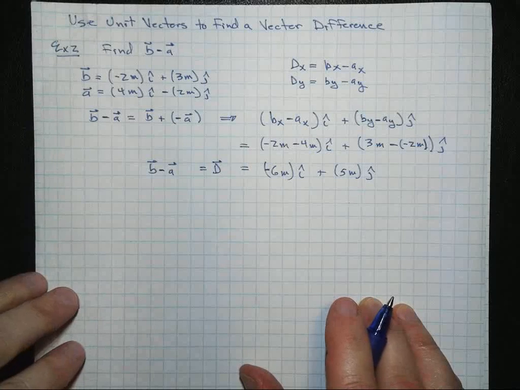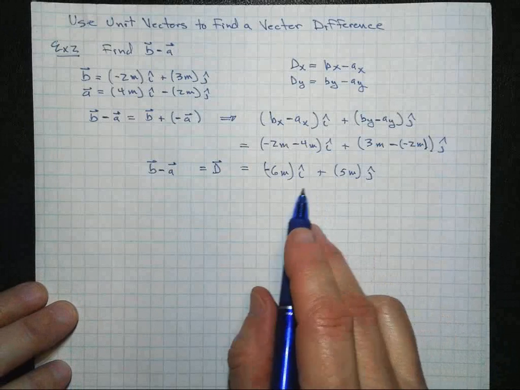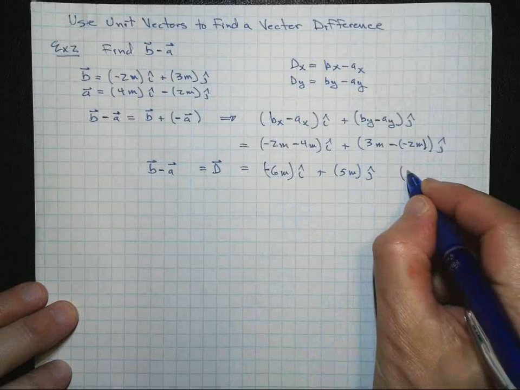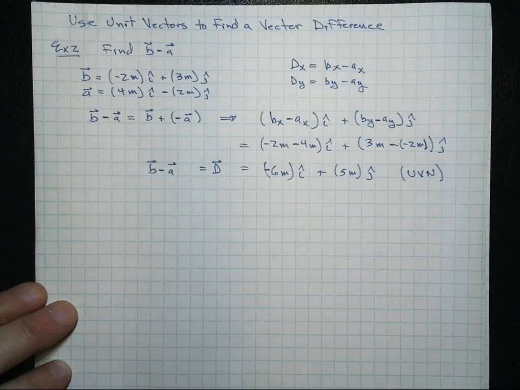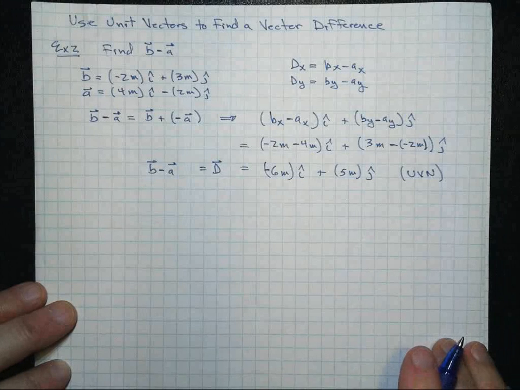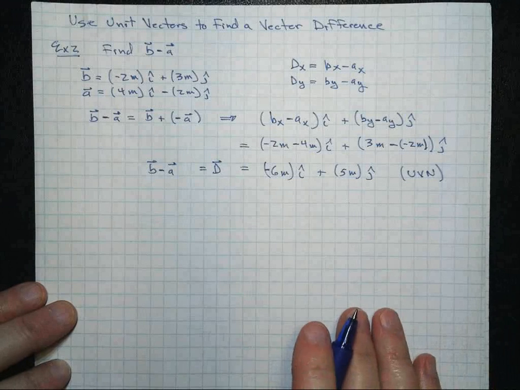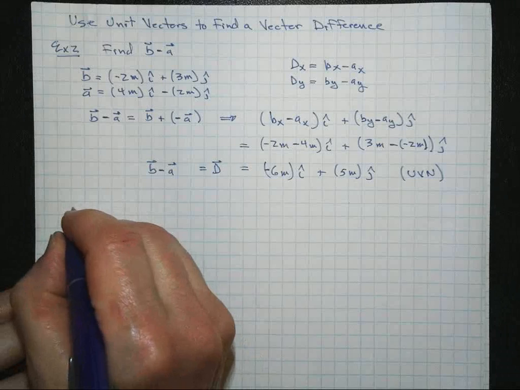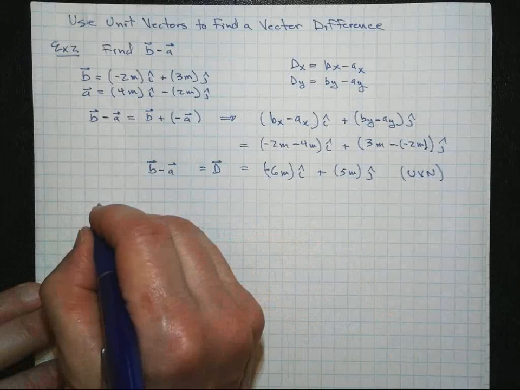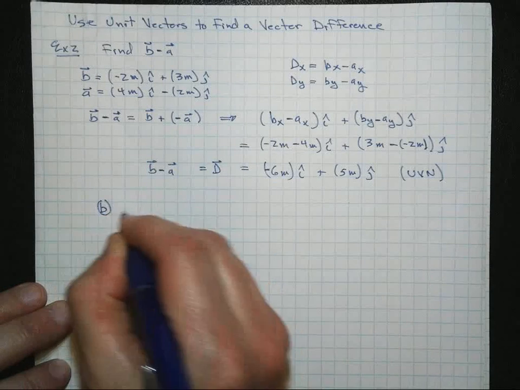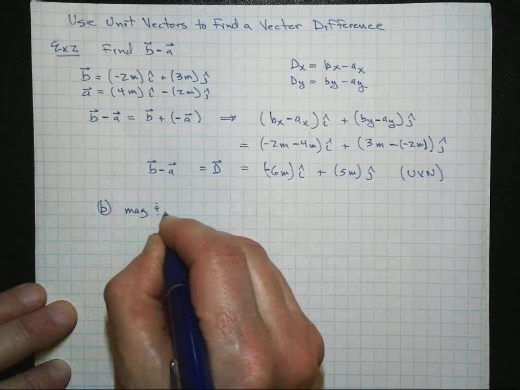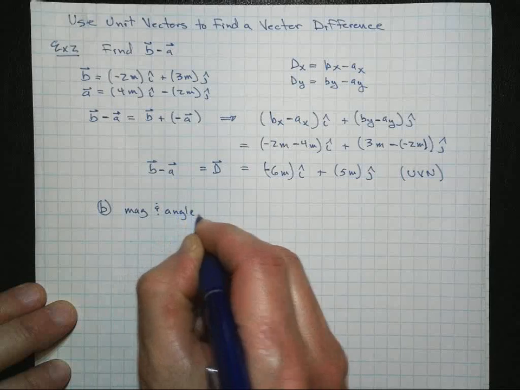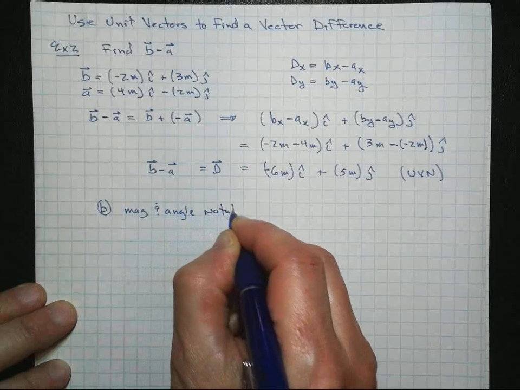Now, this answer is in unit vector notation, but we want you to be comfortable with converting it back to what's called magnitude and angle notation. So in part B, we would want you to be able to express the answer in magnitude and angle notation.